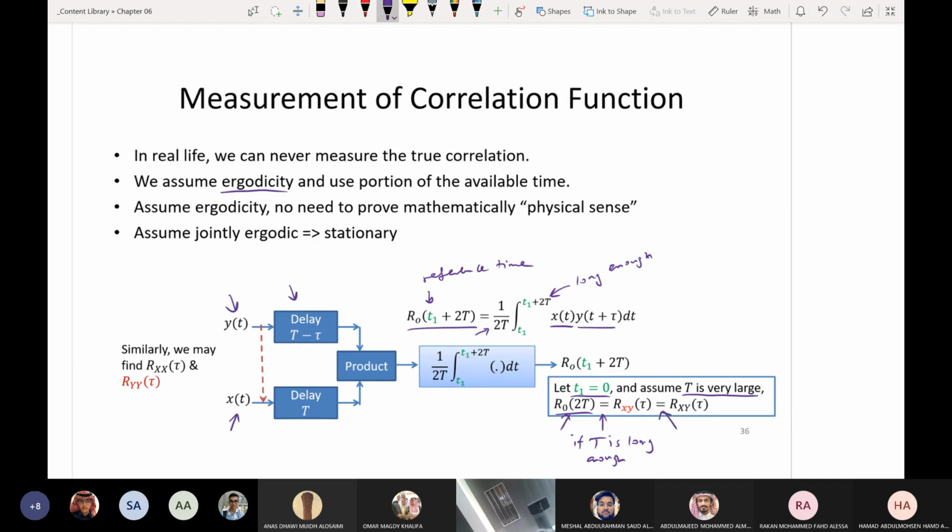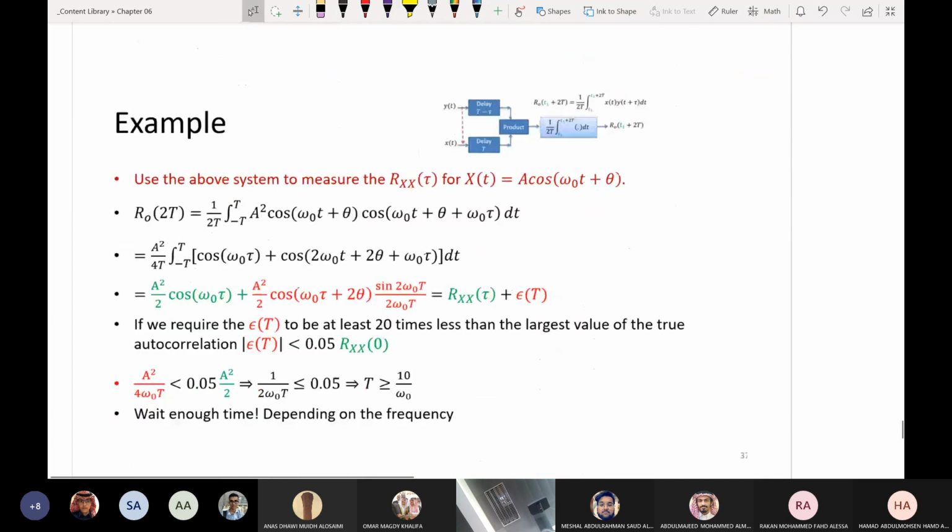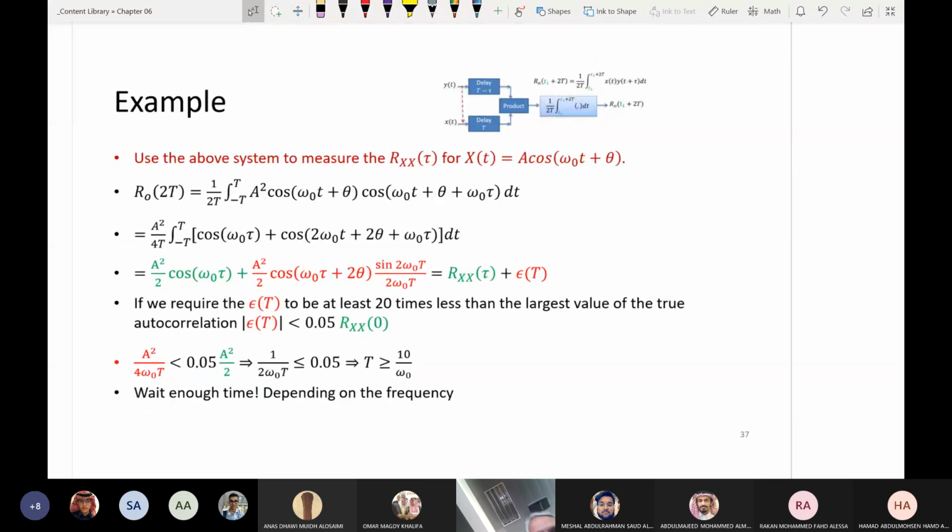And because of ergodicity it will approach the ensemble cross correlation function. Let's have an example of this. So here we have a system to measure the autocorrelation function of x equals a cosine omega 0 t plus theta.